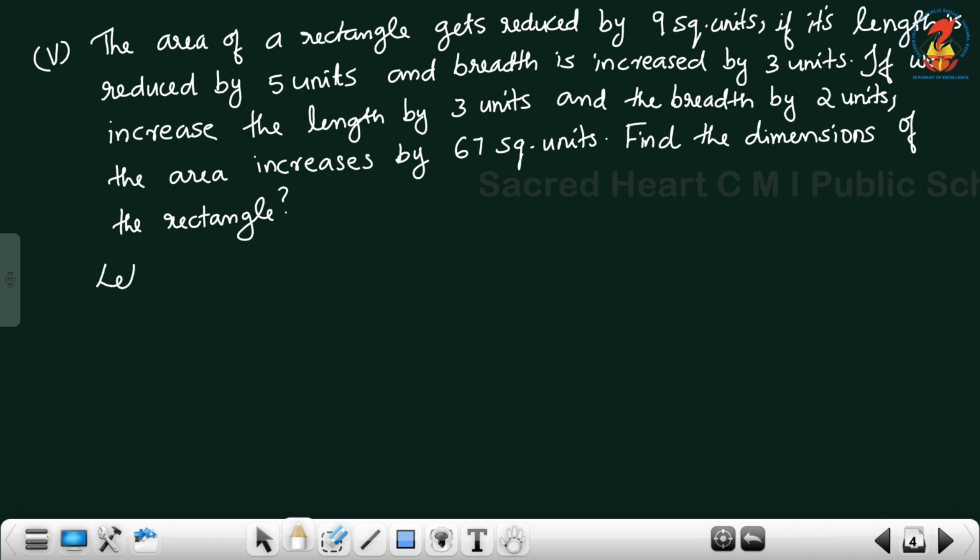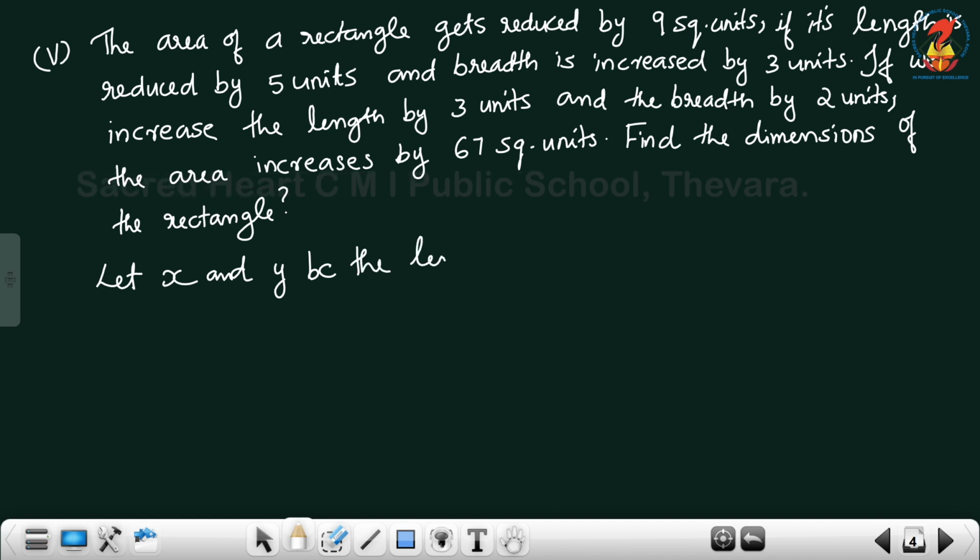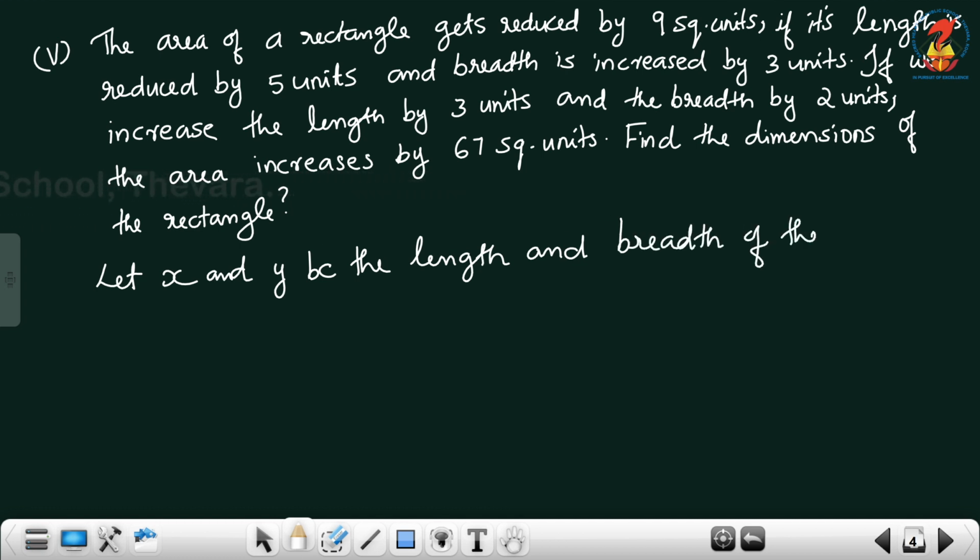Let x and y be the length and breadth of the rectangle.